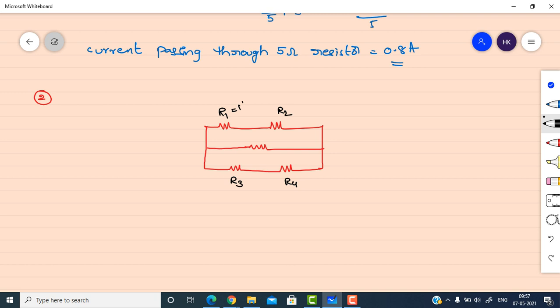R1 value is 1 kilo ohm, R2 value is 220 ohm, and this is RL, 500 ohm, R3 is 470, R4 again 1 kilo ohm. 1 kilo ohm is nothing but 1000 ohms.